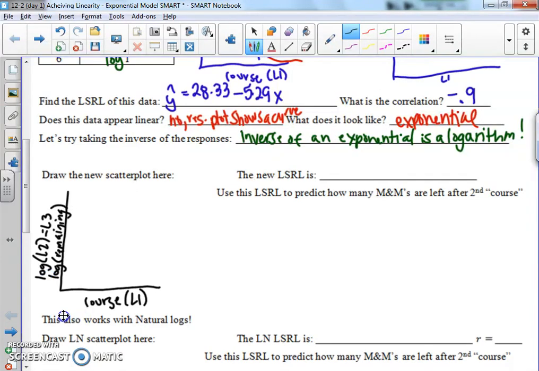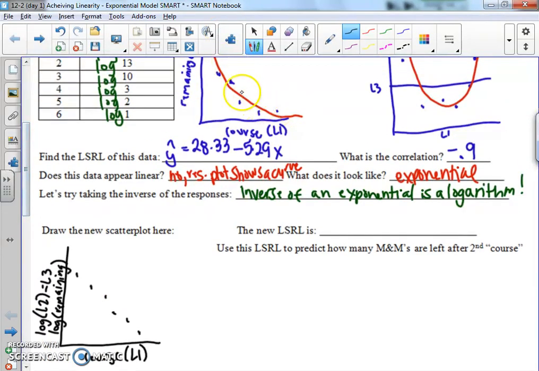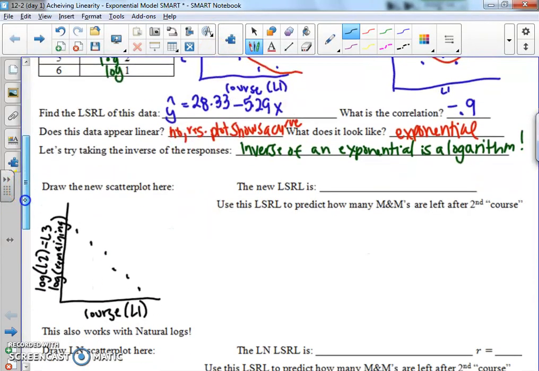Okay? And if you draw the picture, it looks a lot more straight. I mean, it's not perfectly straight, but I would say that's more straight than what is up here. Okay? But can I still say the least squares regression line is this line? I can't, because remember I took the log of these.